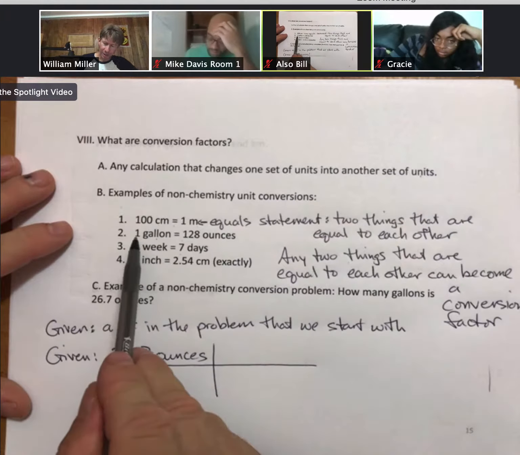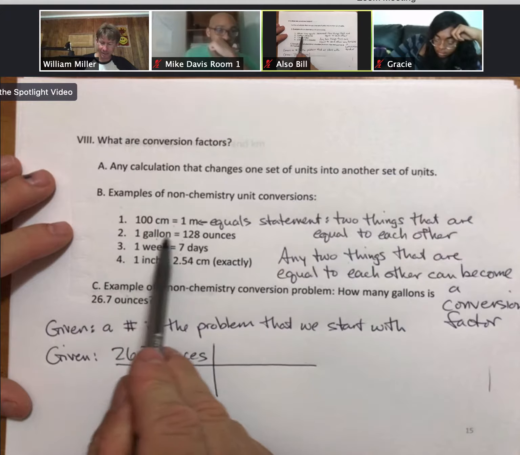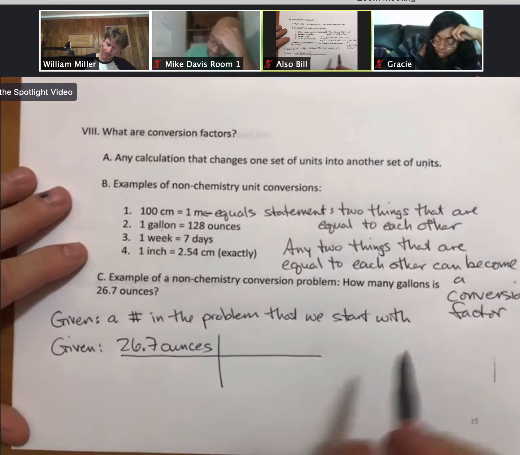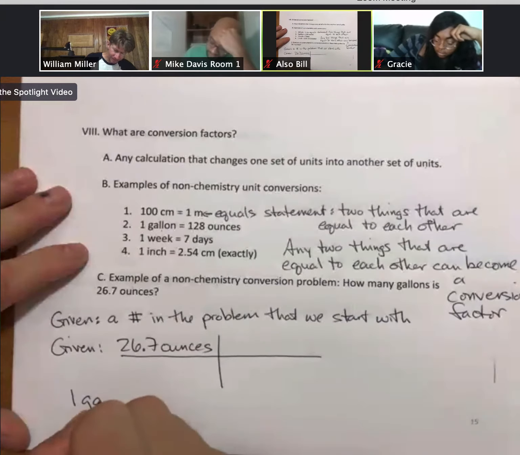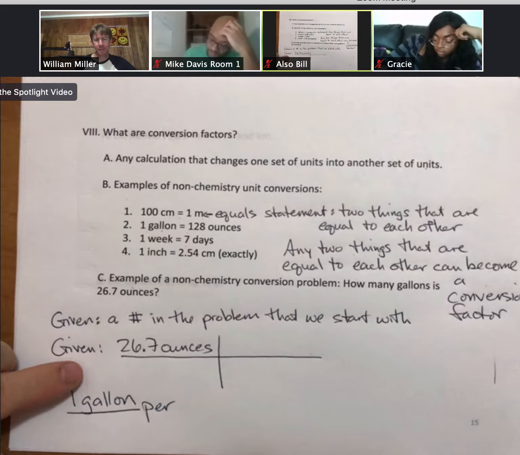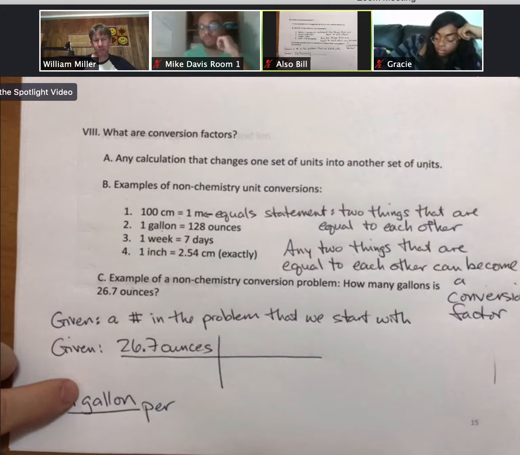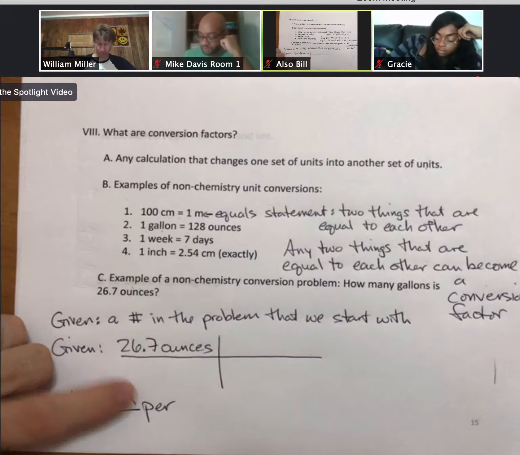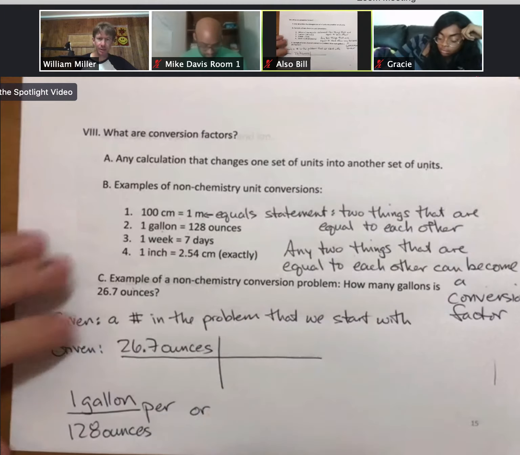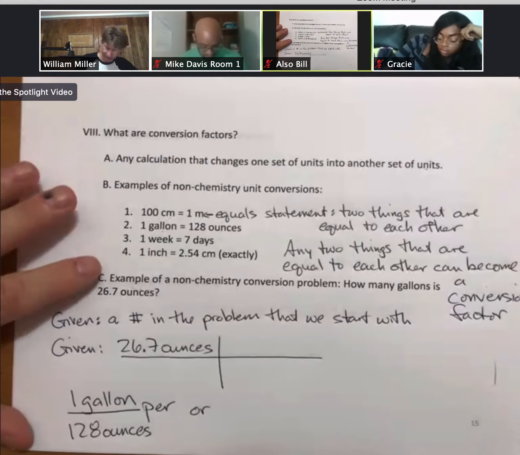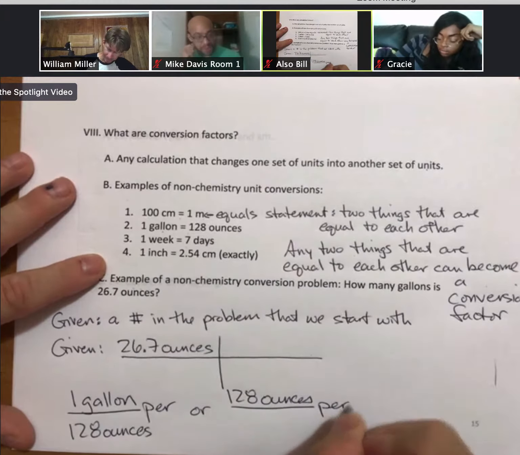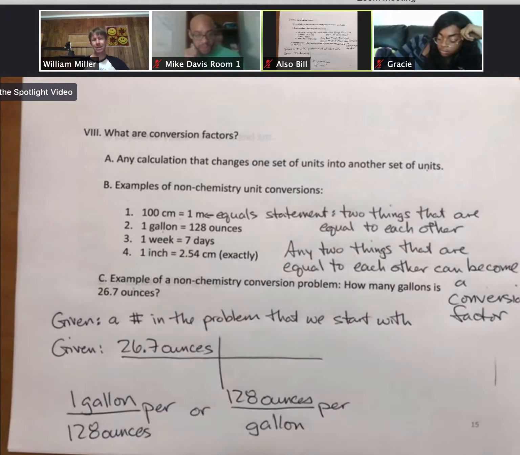Now, the unit conversion factor that we need is based on this equal statement. It says 1 gallon equals 128 ounces. And to turn that into a conversion factor, I turn it into a fraction. This says there is 1 gallon per 128 ounces, or there are 128 ounces per gallon.